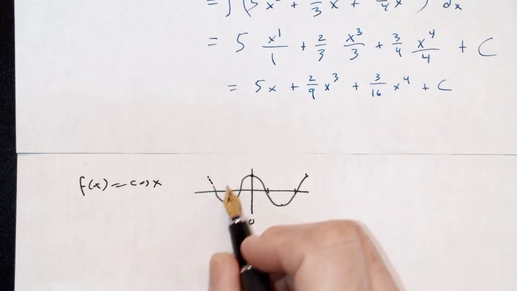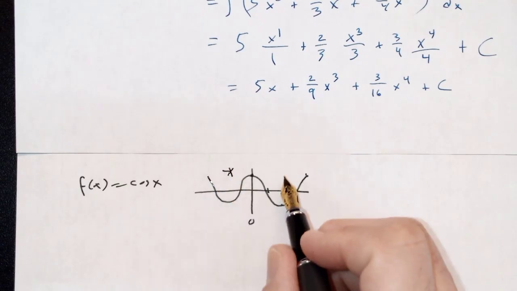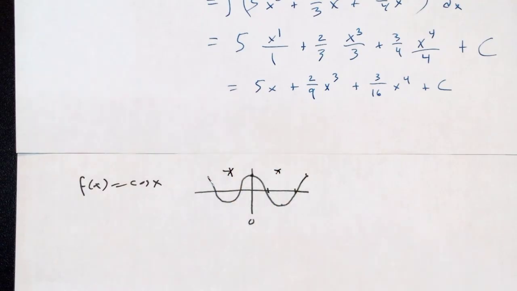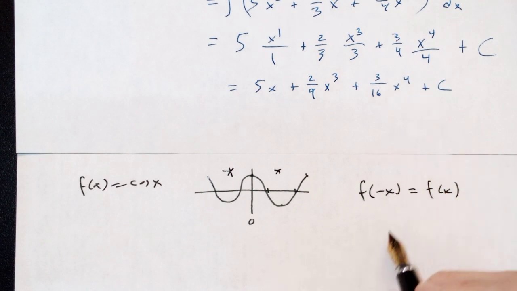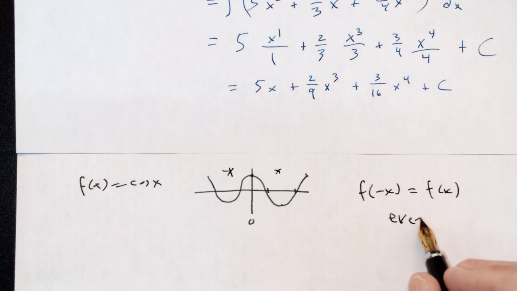That means that if I pick a value over here, and I pick the same value over there, f of negative x is equal to f of x. This function is even. What about sine?